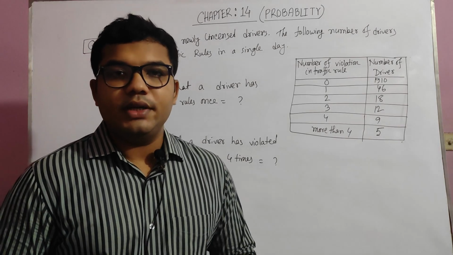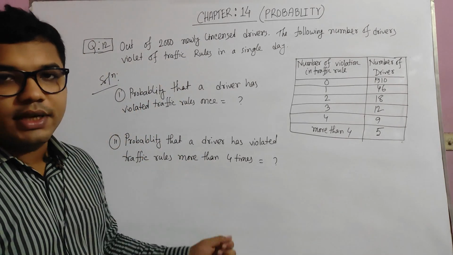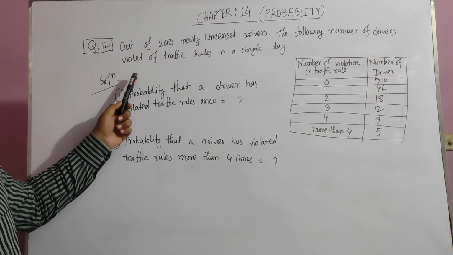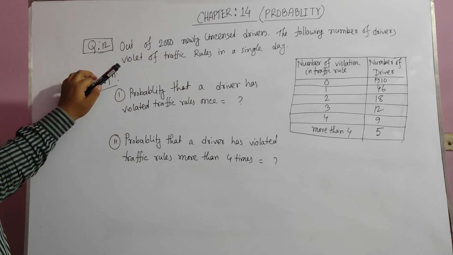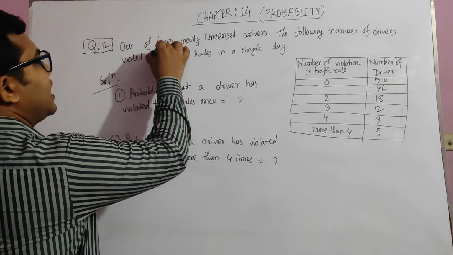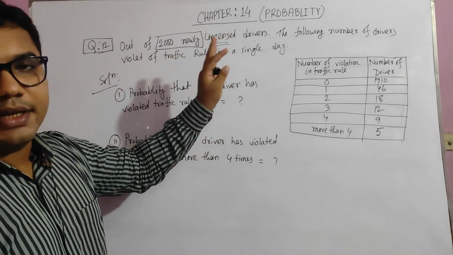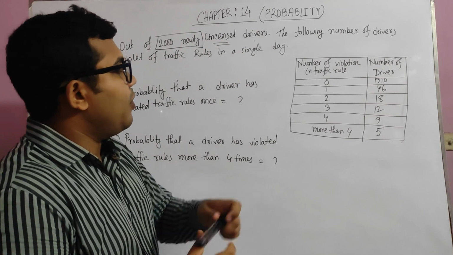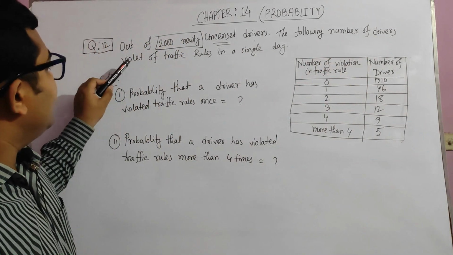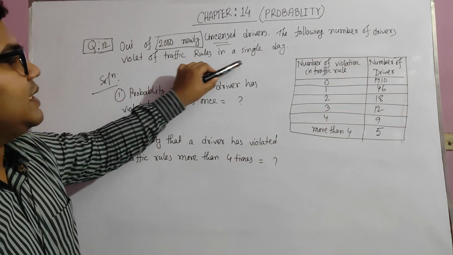Dear students, this is our second question, question number 12. It says: out of 2000 newly licensed drivers, the following number of drivers violate traffic rules in a single day.